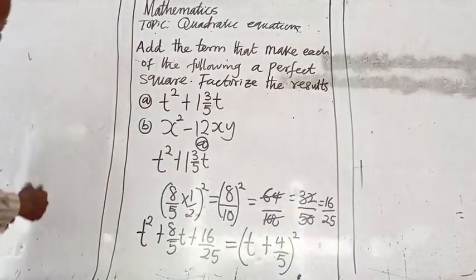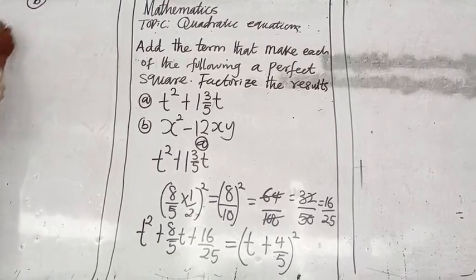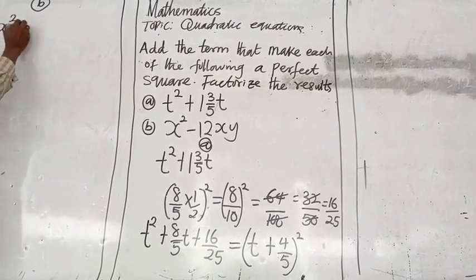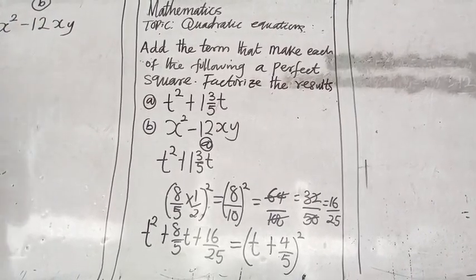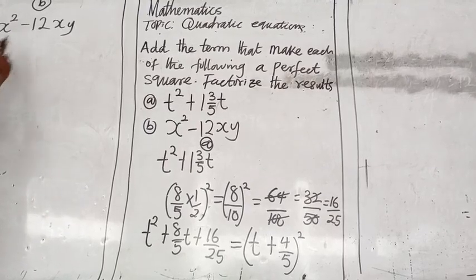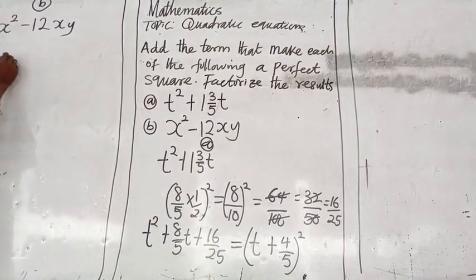So the second question says, b, we have s squared minus 12sy. I'll still use the same method. This is minus 12 now, because in the first one there was plus, that's why I did not introduce any sign. But here there is minus 12.